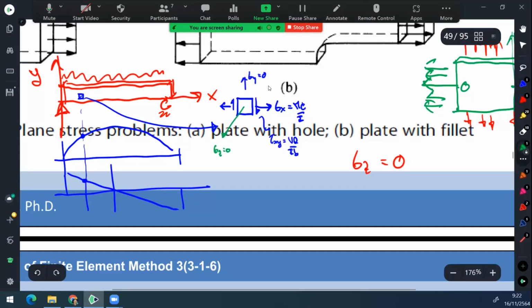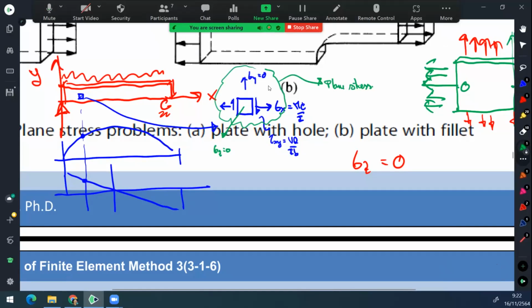We do not consider the stress on that. So this type of problem we define to be plane stress. Are you all right with this?